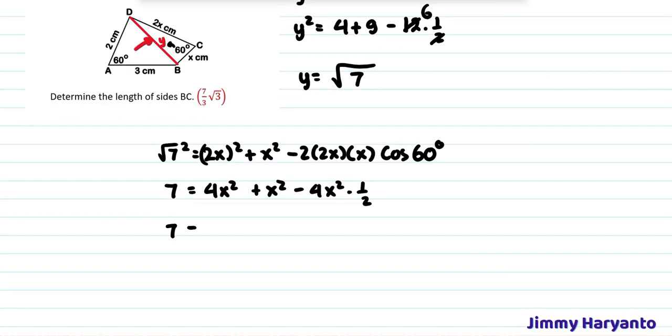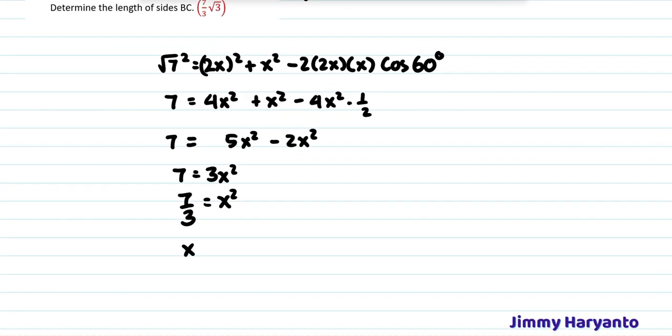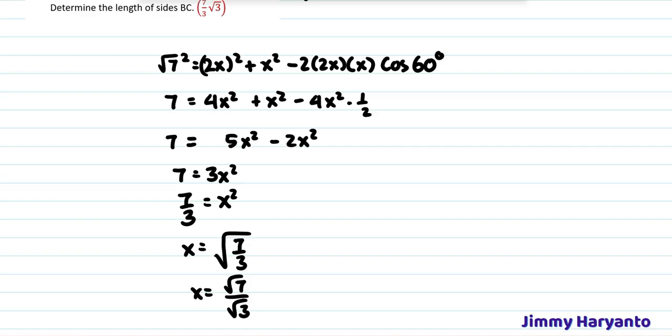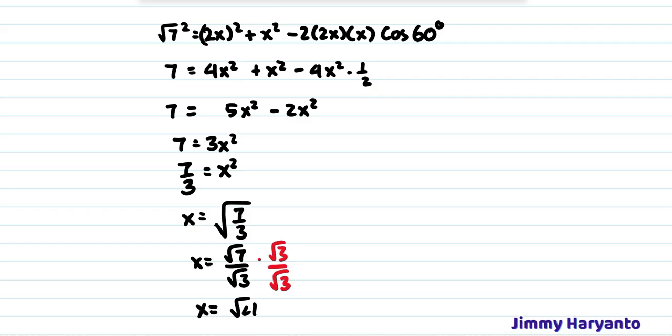It means 7 equals 5x squared minus 2x squared. 7 equals 3x squared, so x squared equals 7 over 3. That means x equals square root of 7 over 3, which is square root of 7 over square root of 3. You can separate the square root like this and we rationalize it. So x equals square root of 21 over 3.